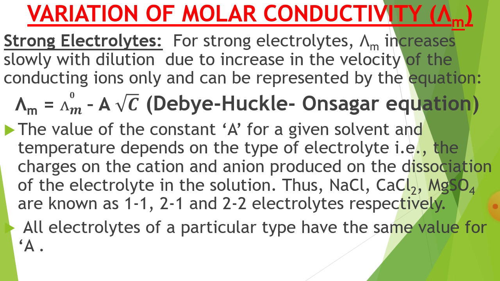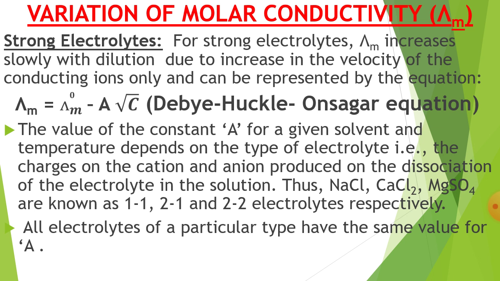Now the value of constant A for a given solvent and temperature depends on the type of electrolyte, that is, the charge on cation and anion produced on dissociation of electrolyte in the solution. Thus, for NaCl, CaCl2, MgSO4, we know that Na plus has 1 charge and Cl minus has 1 charge. So 1 cation charge, 1 anion charge.